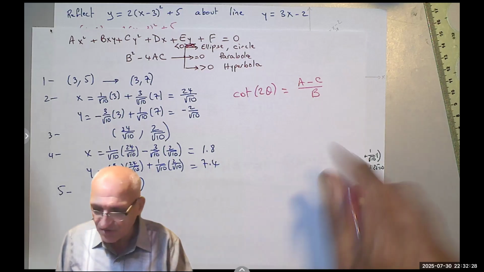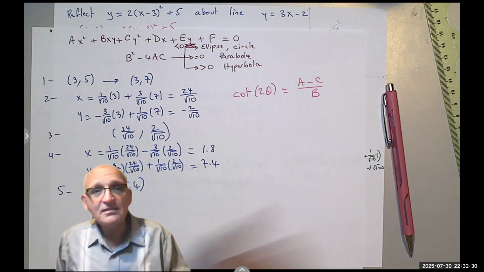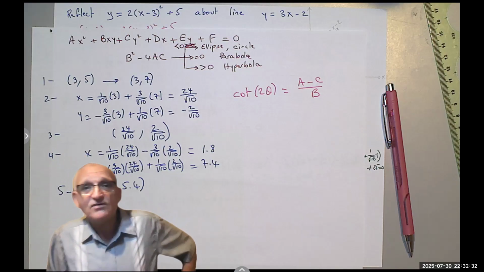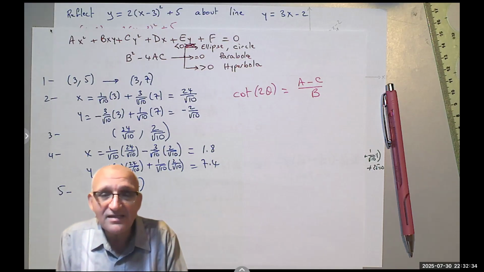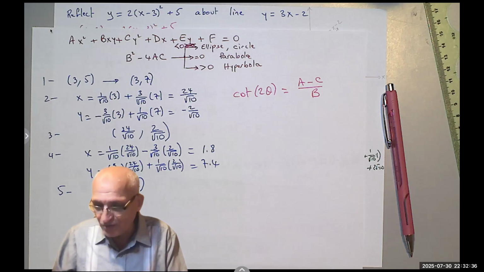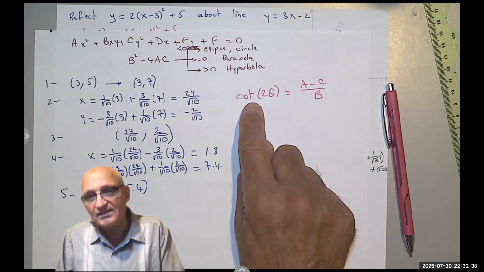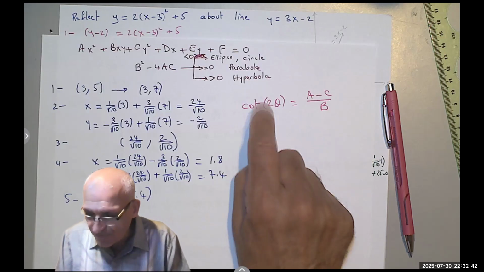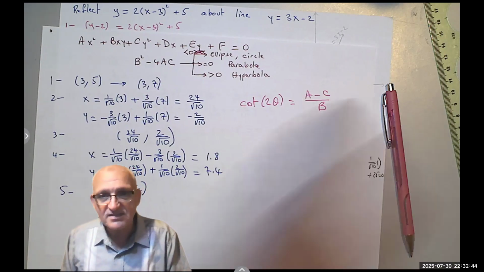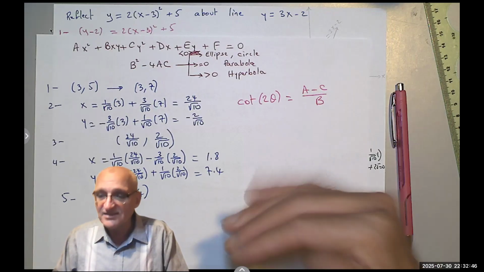Of course, the calculators don't have cotan, but you know that the cotan of an angle is the tan of its complement. In fact, the co stands for complement of tan. So the tan 2 theta would be b over (a minus c). So you get this angle divided by 2.